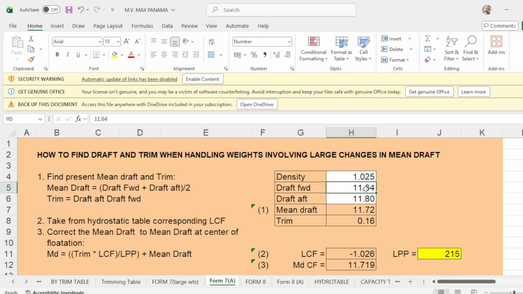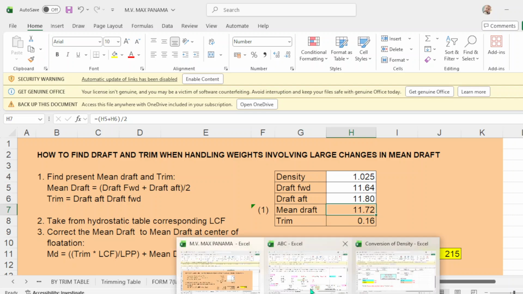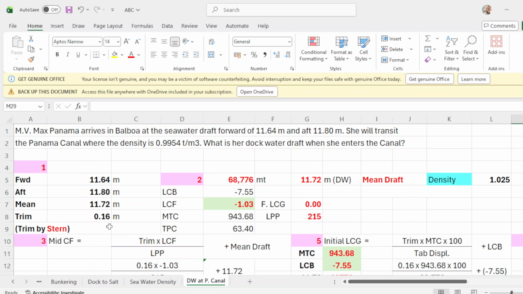You will have your main drop of 11.72 and your trim is 0.16, which is the same here. Main is 11.72 and trim is 0.16. Okay, so go back to the program.